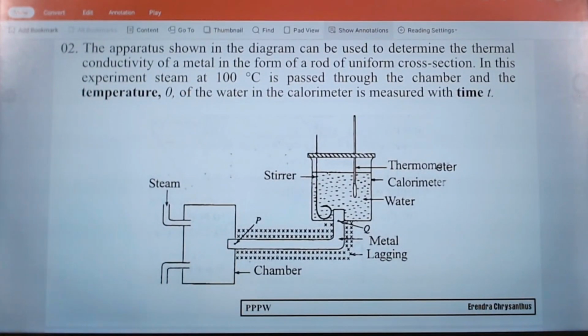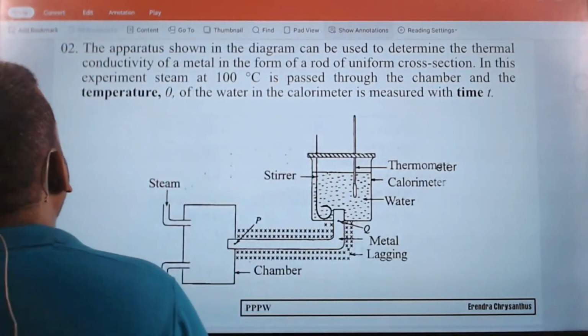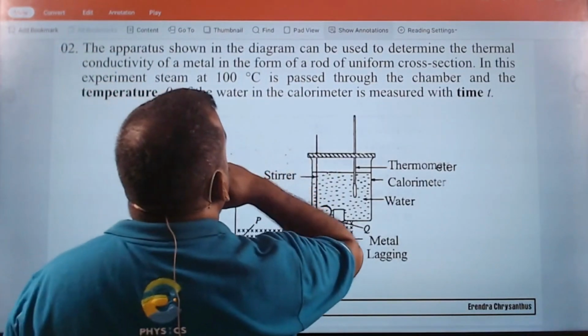Second structure. Structure number 2. Right. So this looks to be a very famous question that you know. The apparatus shown in the diagram can be used to find the thermal conductivity of a metal.